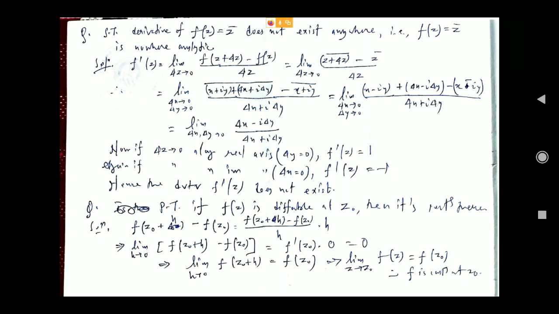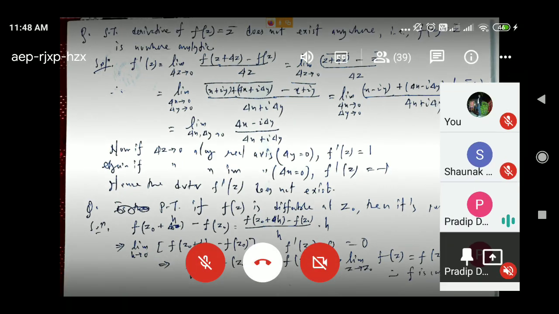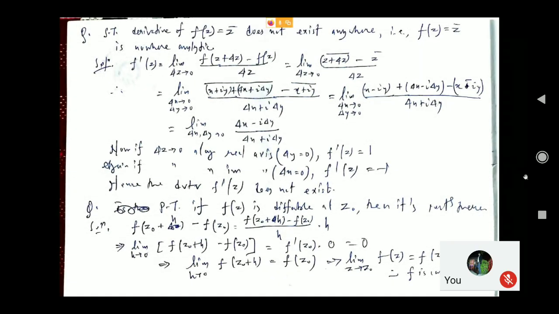Or from real functions, when do you say that the limit does not exist? When the limit is not unique. For the existence of a limit, the limit has to be unique, and it should not depend on the path by which you approach that point.